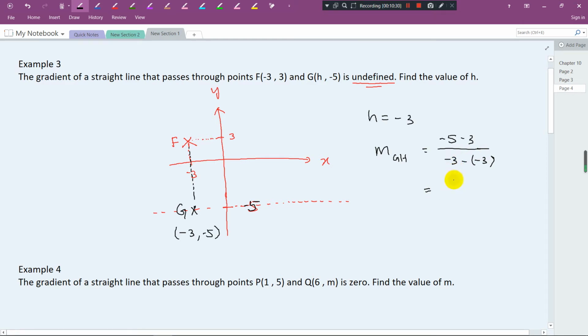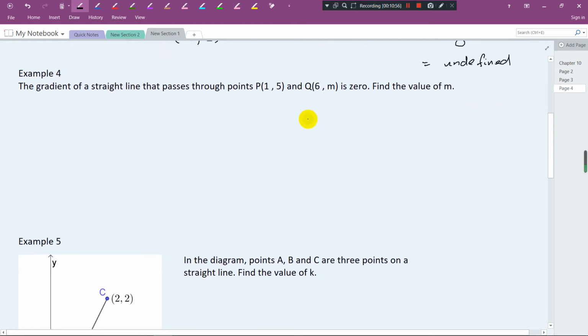So this is negative 8, and negative will give you positive. Here you get 0. Negative 8 divided by 0 is undefined. So that means our answer is correct. H is equal to negative 3.